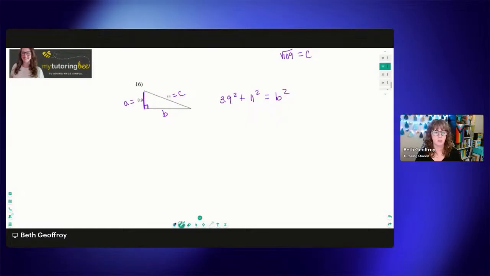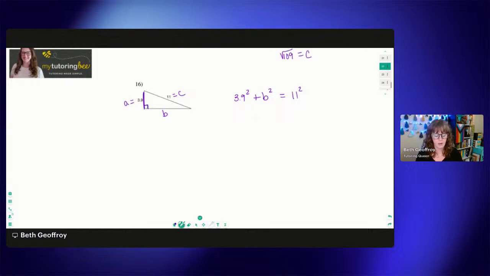Some students will take a shortcut with this and do some subtraction instead of putting it in this addition form. I don't want to get into that too much tonight. So this is the true way to set up this equation. So our A squared is 3.9 squared plus we're still keeping B squared here equals C squared. So we've got 11 squared over here on the other side of the equation.